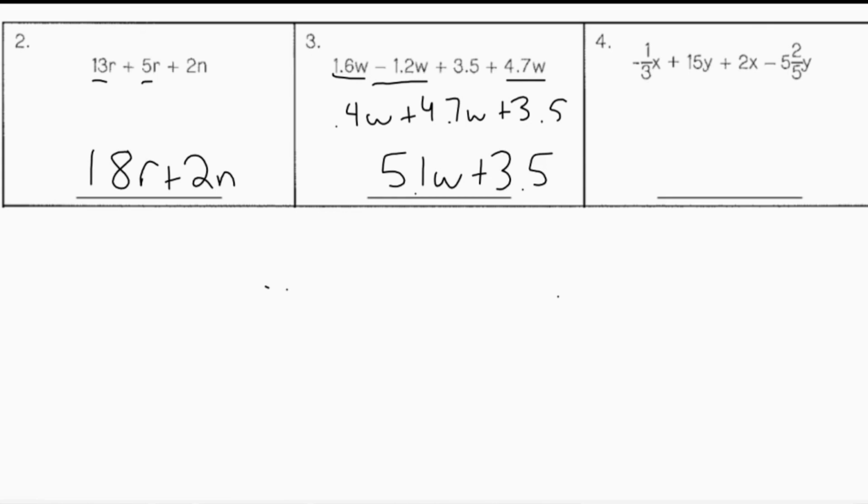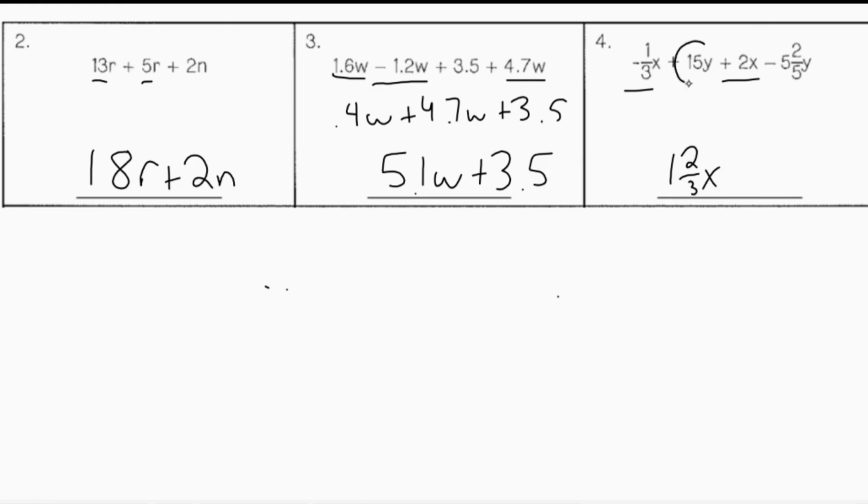Number 4, I have negative 1/3 x plus 15y plus 2x minus 5 and 2/5 y. So I want to combine my negative 1/3 x and my 2x. Negative 1/3 plus 2 is 1 and 2/3 x.